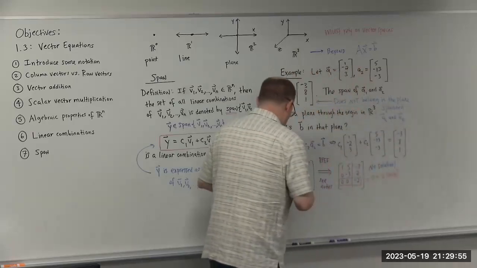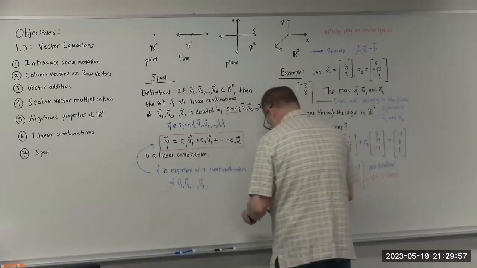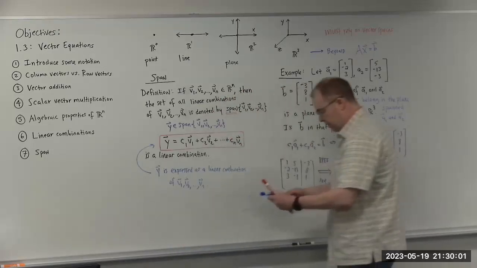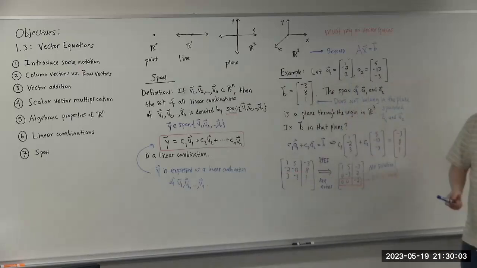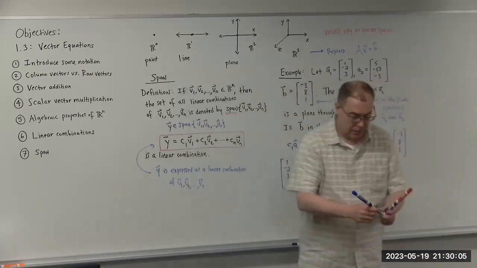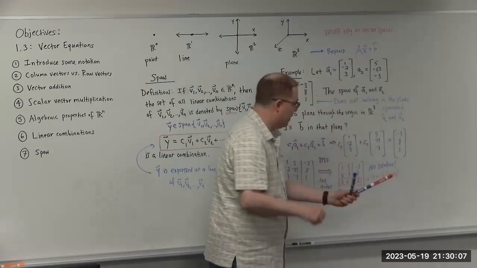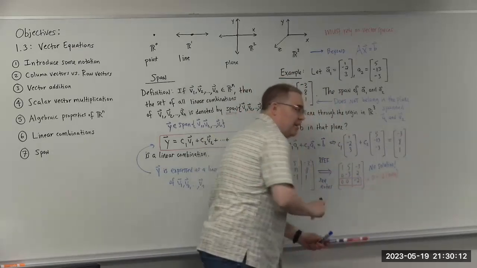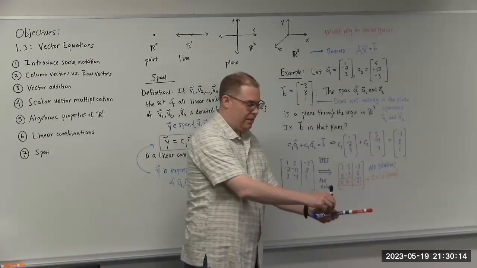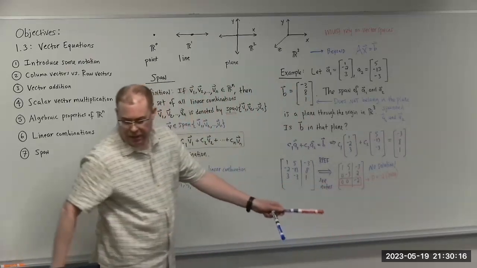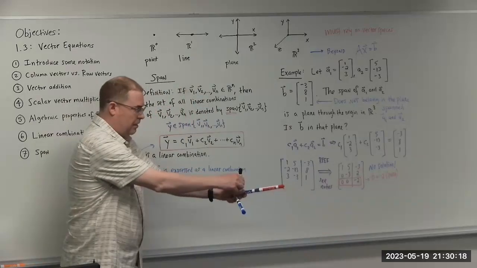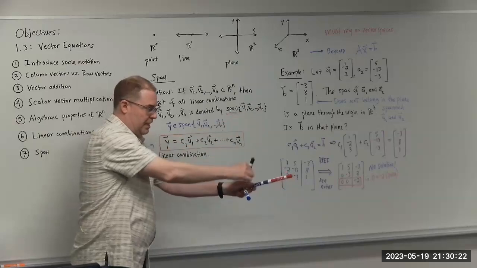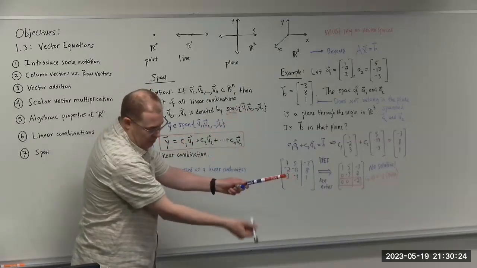So what's happening? If you think about A1 and A2, and that third vector B is not in the plane, then it must be sticking outward, either this way or down here.